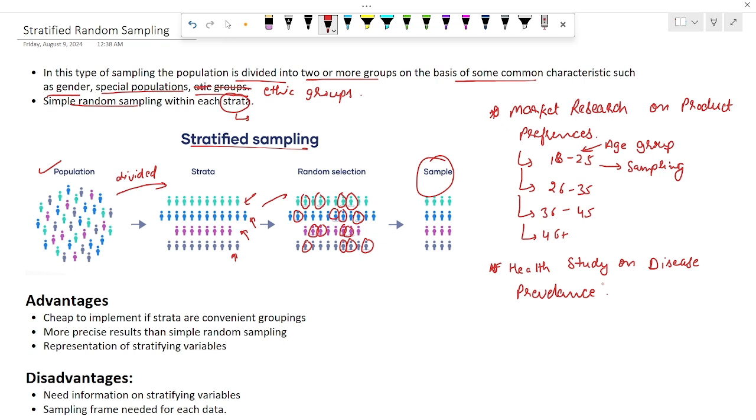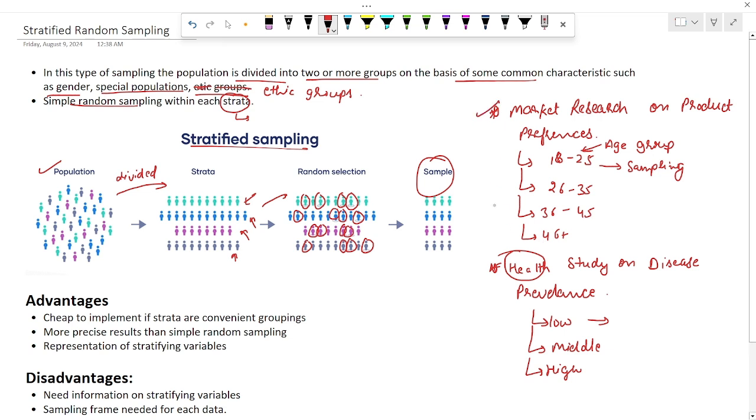So the researcher divides the population into income groups: low income, middle income, and high income. They are studying the health of low income people, the health of middle income people, and the health of high income people. So this is another example of stratified random sampling.